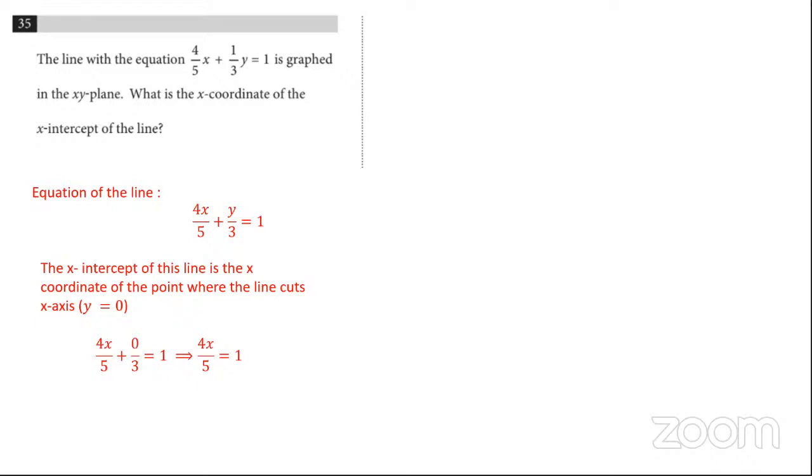One by five? Are you sure, Rosanna? If you put y equal to 0, you get the equation that 4x by 5 is equal to 1. From this, we have to find the value of x. Is it 1 by 5? Okay, try again. Yes, Pantai, you are right.